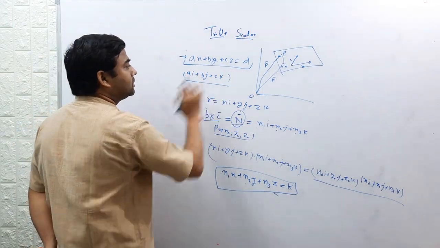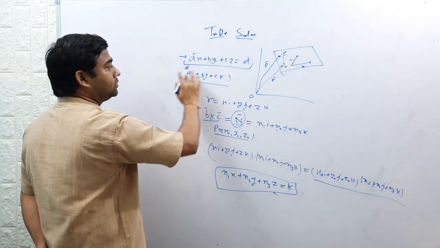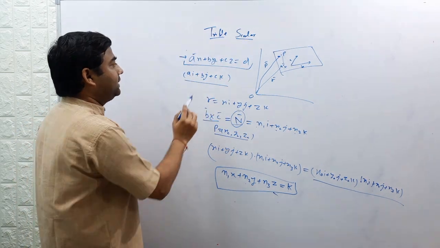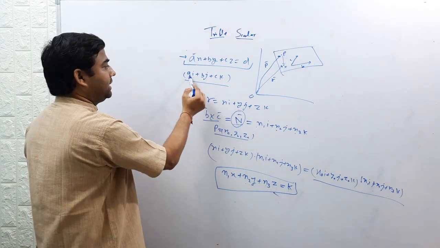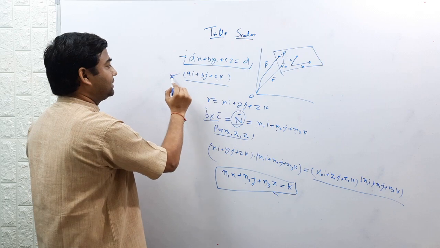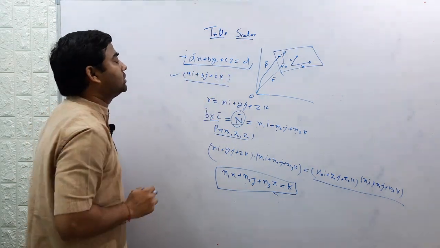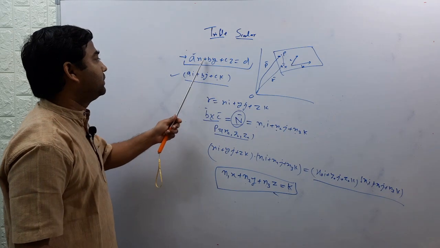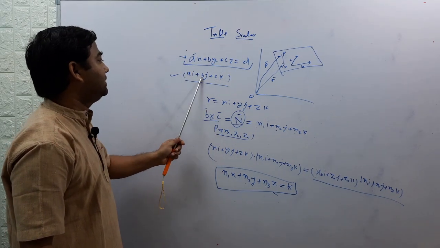By just seeing the equation of plane in this form, you can find the perpendicular vector n, that is ai plus bj plus ck.